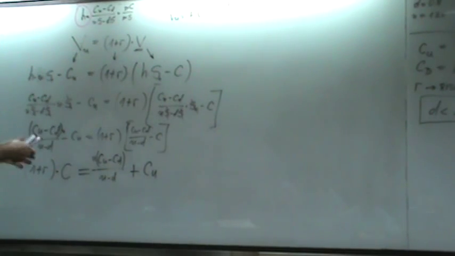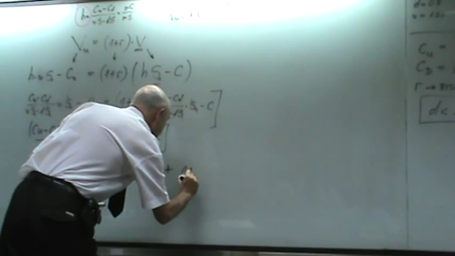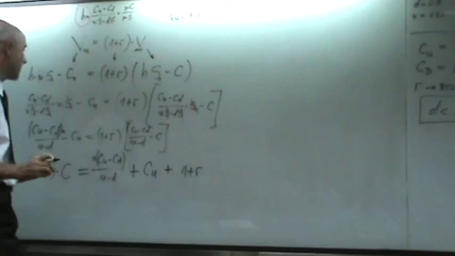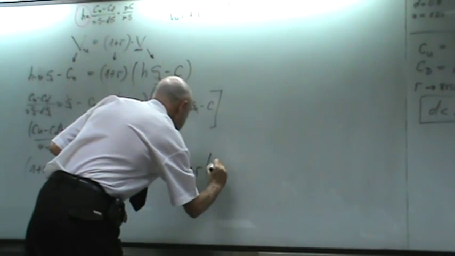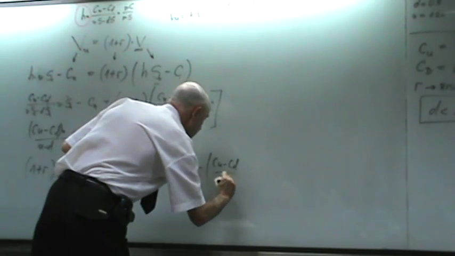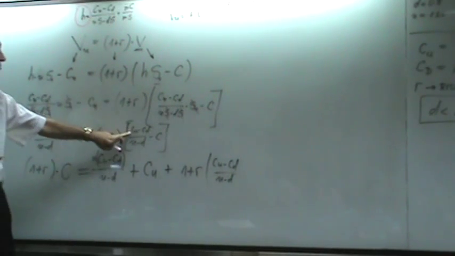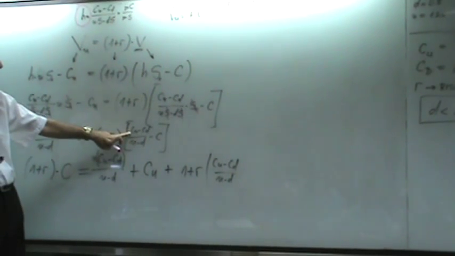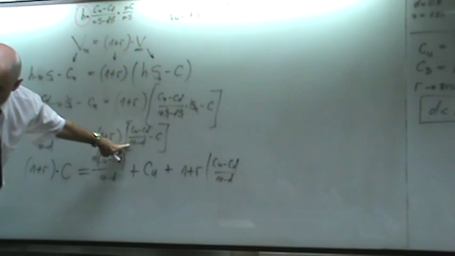And then you have plus 1 plus r, and then you have CU minus CD, U minus D. And did I miss here the same thing? No, that's okay here. CU minus CD. I can check to see, maybe I missed it, maybe not.